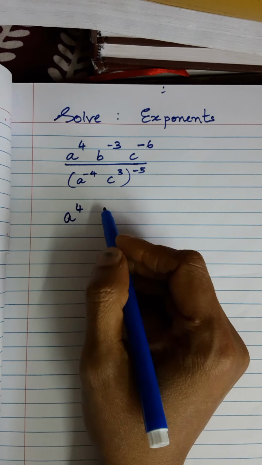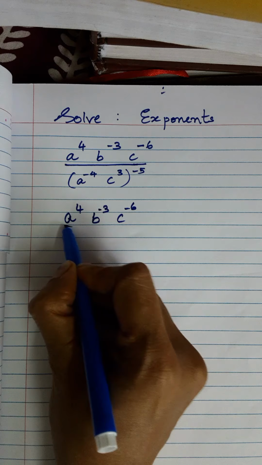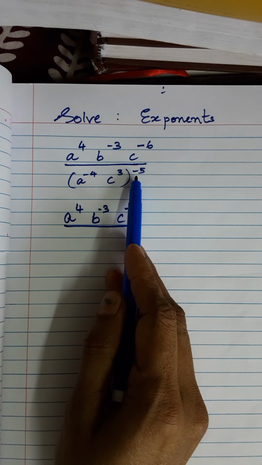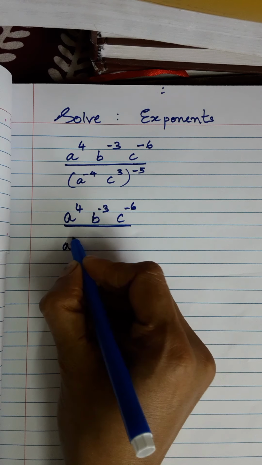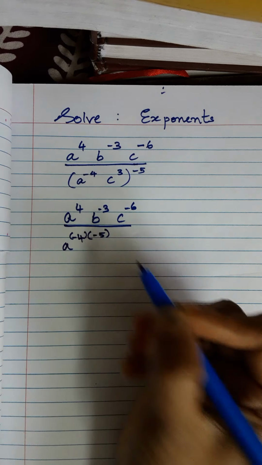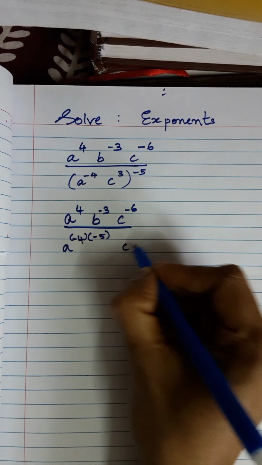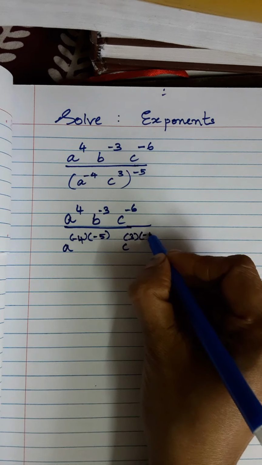A to the power 4, b to the power minus 3, c to the power minus 6 divided by, I'm going to bring my minus 5 power and multiply, that is a into minus 4 into minus 5. Again, I'm going to bring it for c also, c into 3 into minus 5.